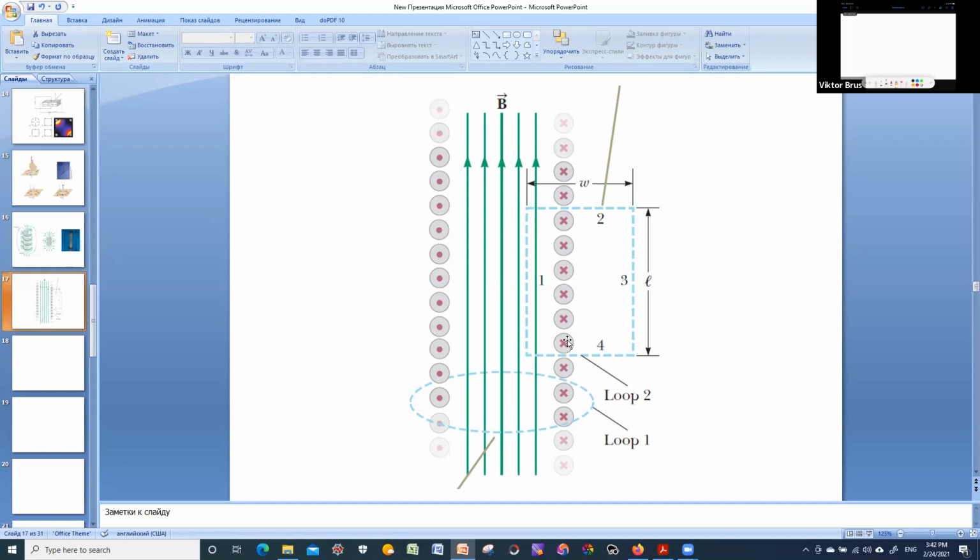As we have shown previously, such a coil with electric current will create a certain magnetic field. With a solenoid we have many of these coils attached to each other, and the magnetic field inside the solenoid will be a vector sum of the magnetic field vectors created by each of these coils. So we add them up.